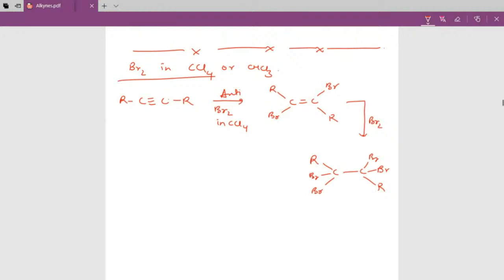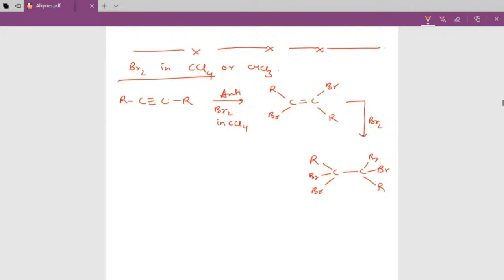And yes, in case of alkynes, the effect of this anti-addition goes considerably down. It is not that significant as it was in case of alkenes. In case of alkenes, it was so significant that it had to be always anti-addition.